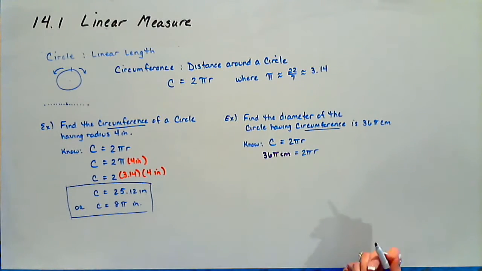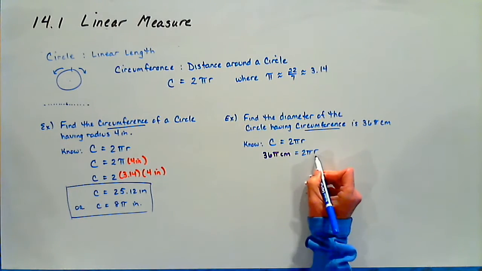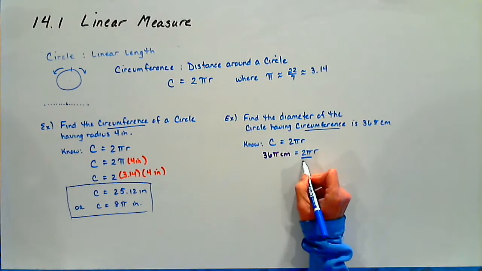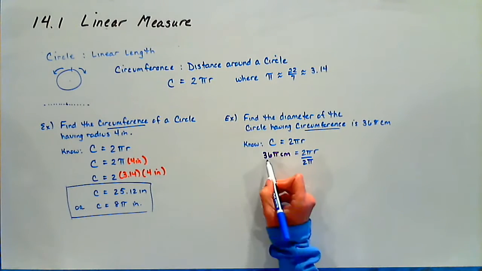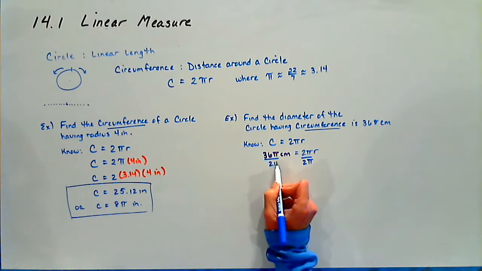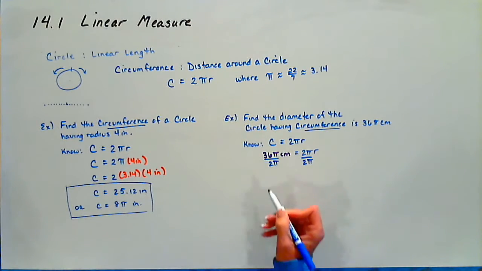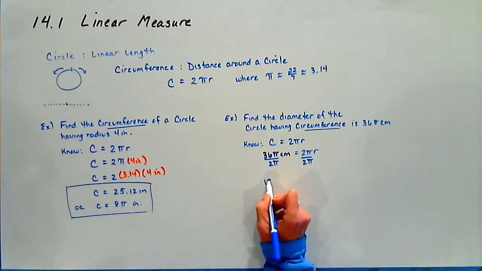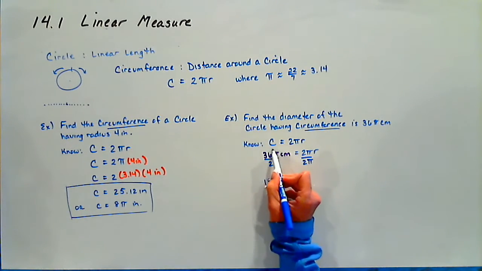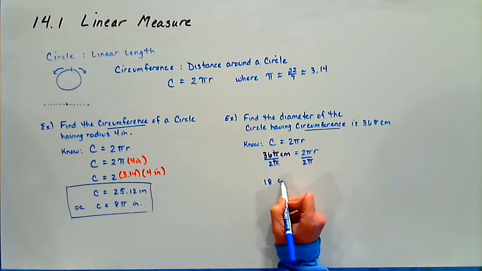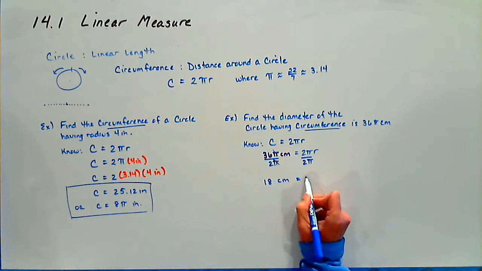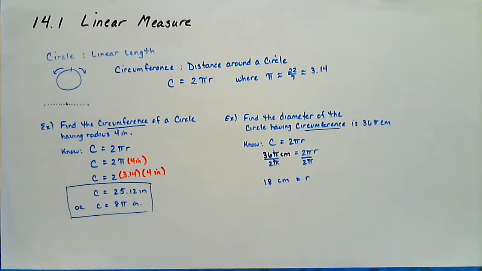Since we're solving for the diameter, we'll come back; let's first solve for the radius. We'll divide out the 2 and the pi. 36 divided by 2 is 18. Pi reduces with pi. So you'll notice we are left with a radius of 18 centimeters.